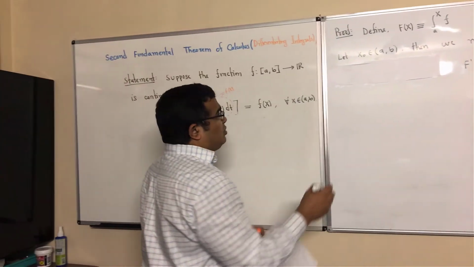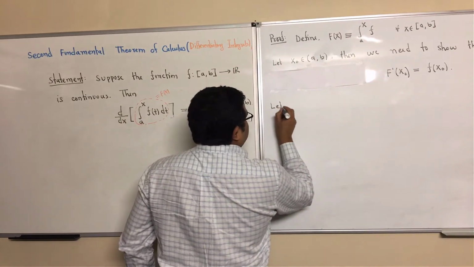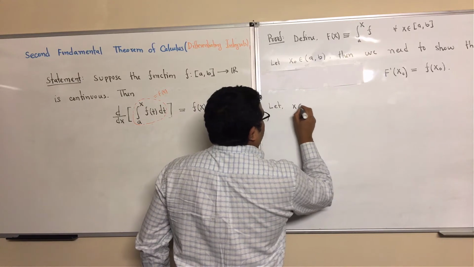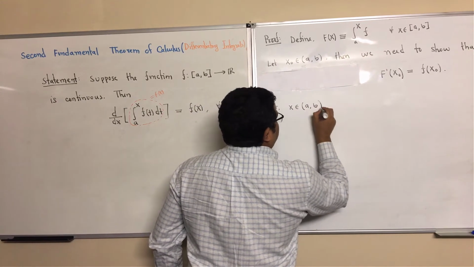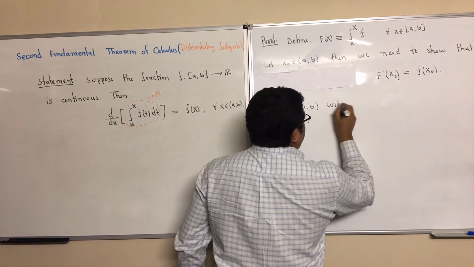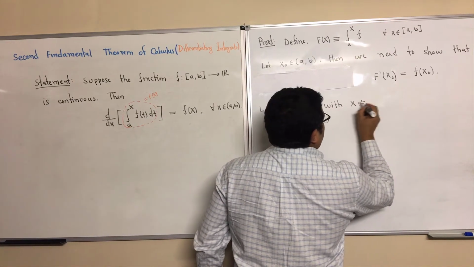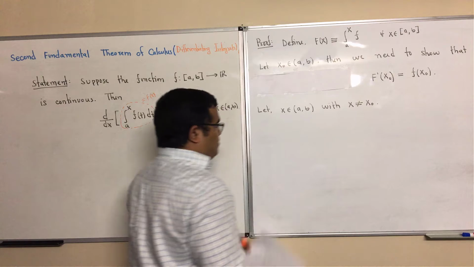Now, let x be a point in (a, b) with x not equal to x0.